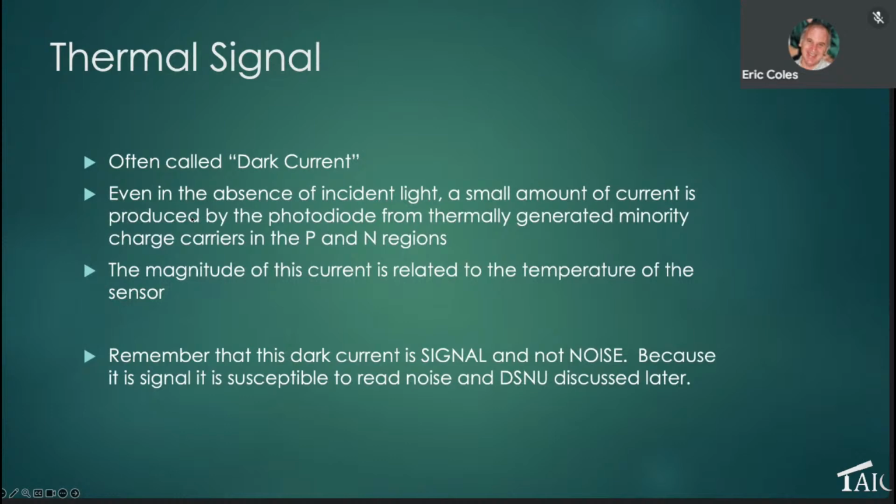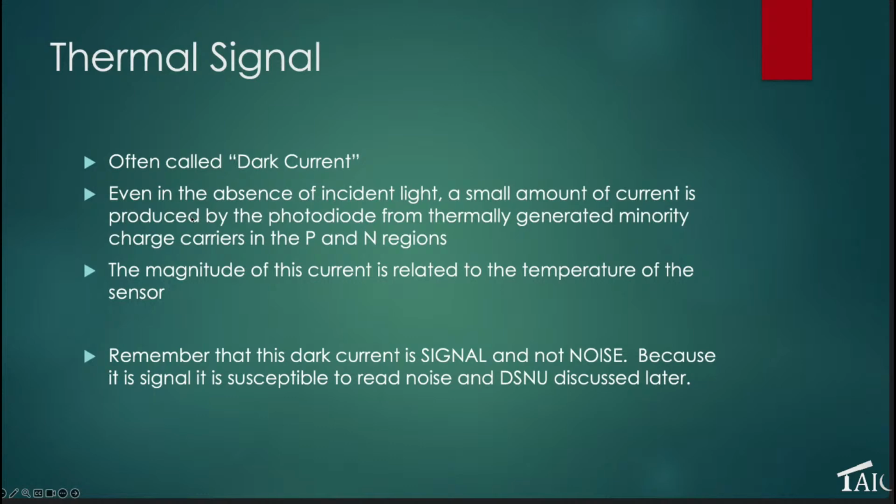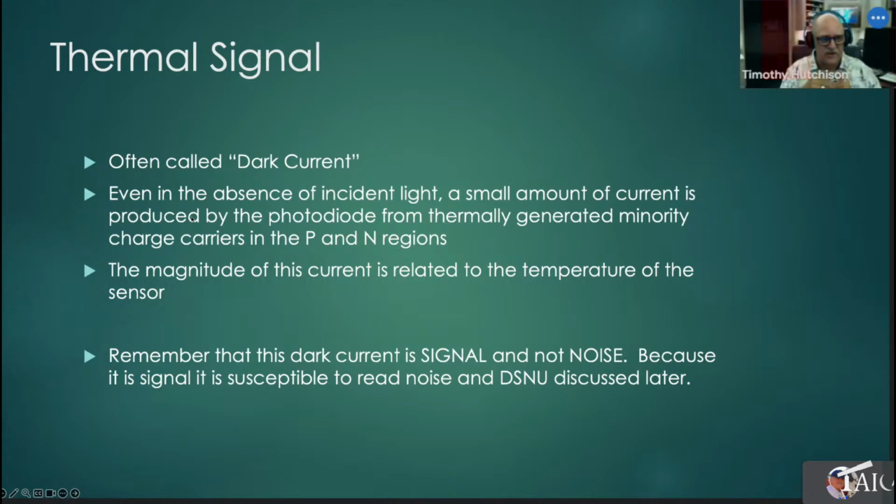Okay. All right. So the one bit of signal that we left out in the previous slide is this stuff called thermal signal, or it's often called dark current. Same stuff, right? We're talking about the same thing. And really what we're talking about here is heat that occurs in this sensor has the same effect as a photon impacting the sensor, in that the heat will excite the electrons in the same way that a photon does.